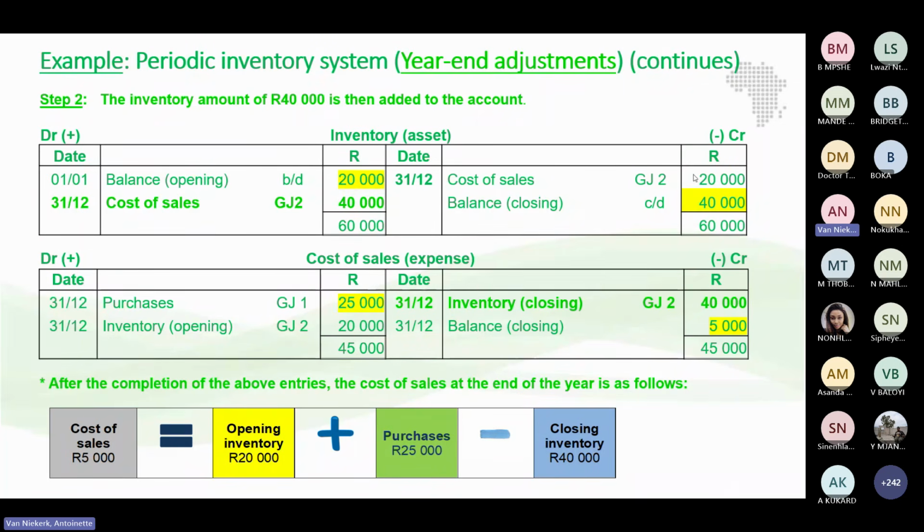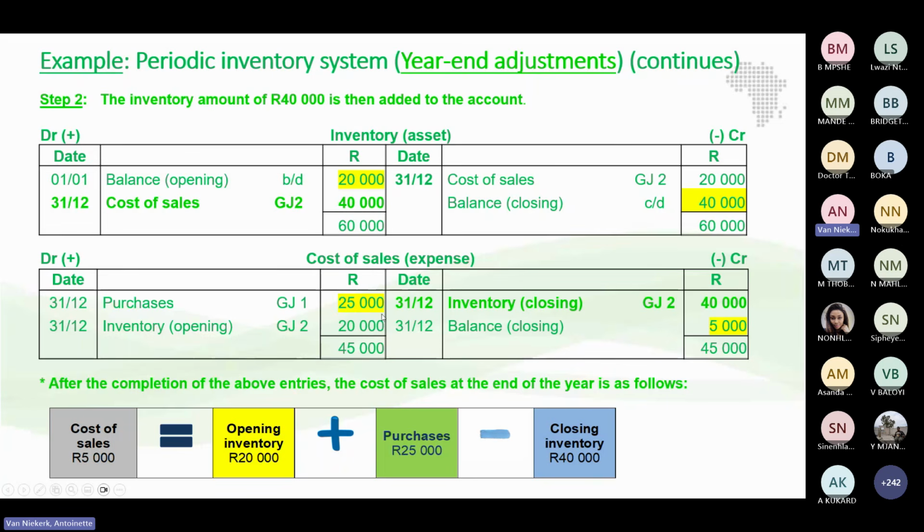But we took 20,000 Rand out of this account already, and we allocated it against the cost of sales account. We closed it off. So this means to get the same balance as on your debit side, you will have a closing balance that's carried down of 40,000 Rand.